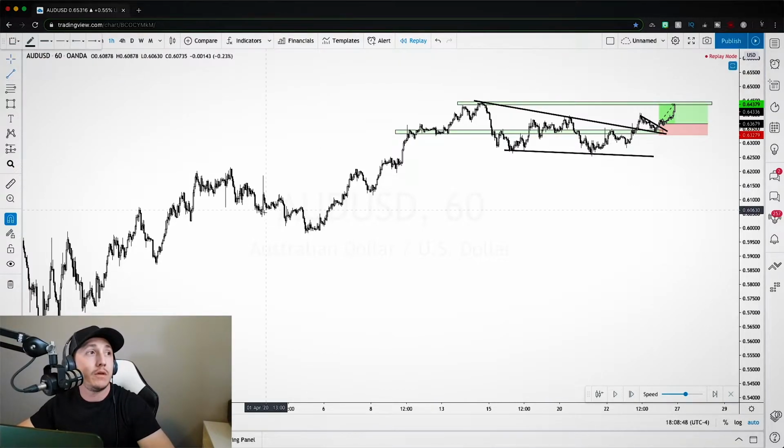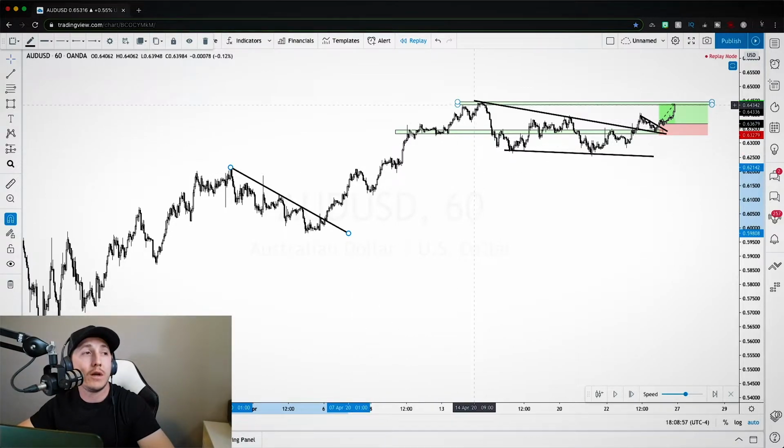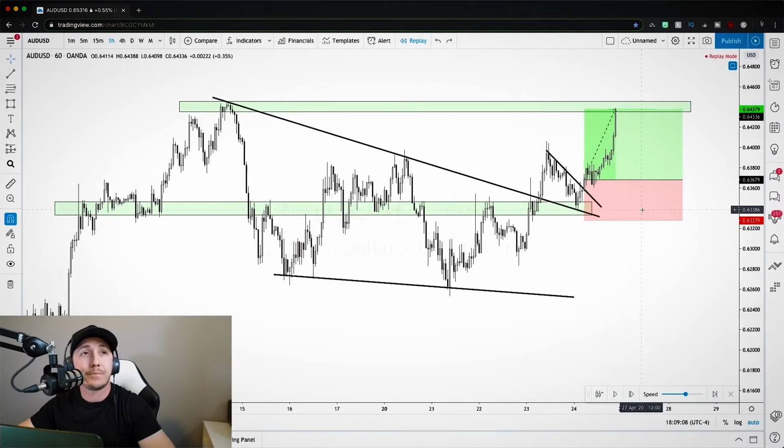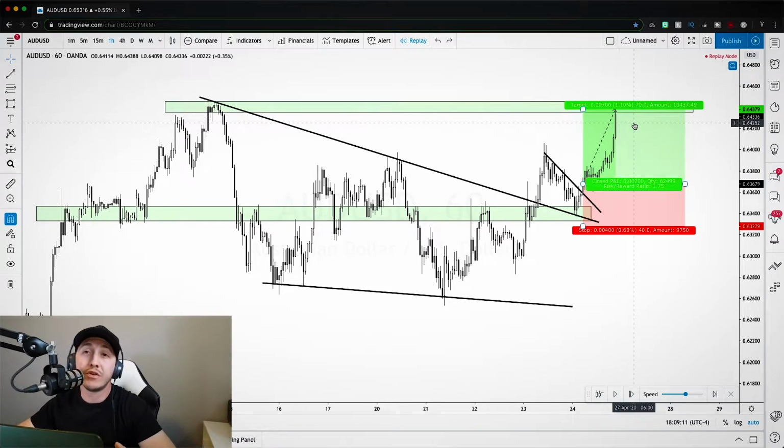Because as you can see, this one here, when it broke out, right, it did make a new high. All right. So what we're going to do, we're not going to close the position completely. What we're going to do, we're going to reduce our position here. Okay. So let's say you got one full lot. We're going to cut that in half, take half our profit on this trade.